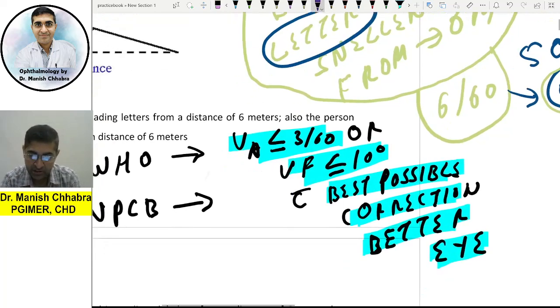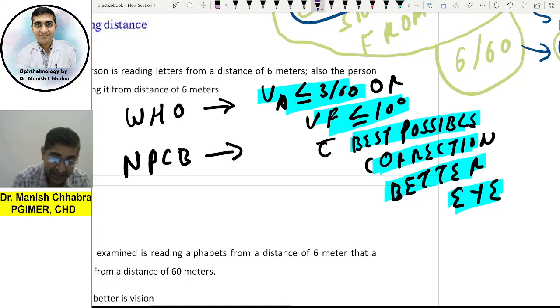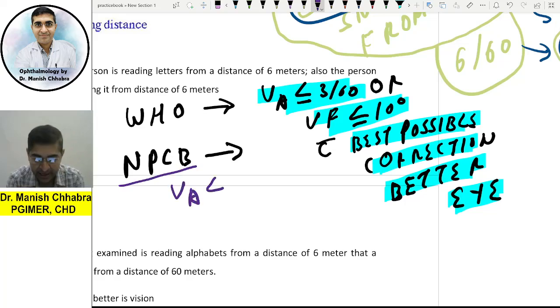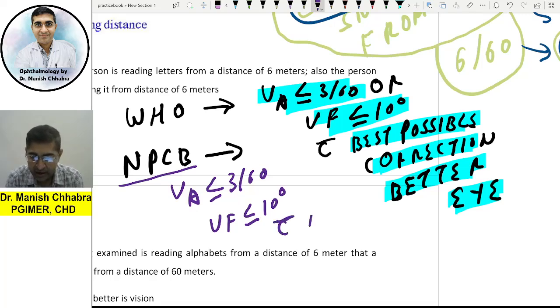Yes. So this is your WHO classification. NPCB says same VA, visual acuity less than equal to 3 by 60, visual field less than equal to 10 degree with presenting visual acuity. So this visual acuity will be presenting, that means without glasses.